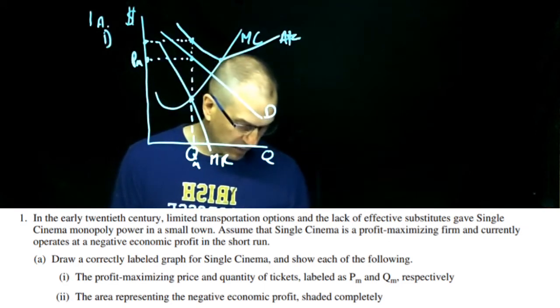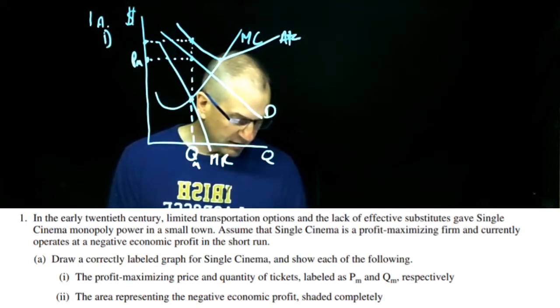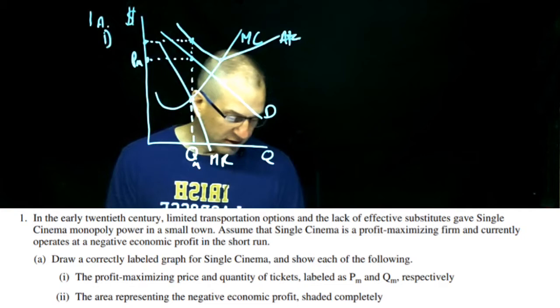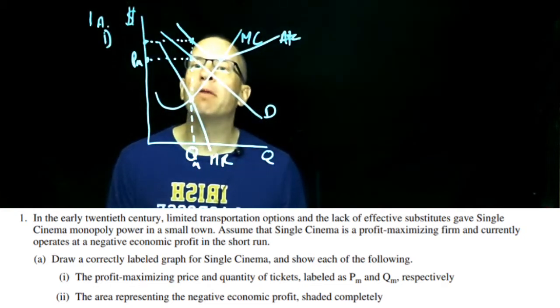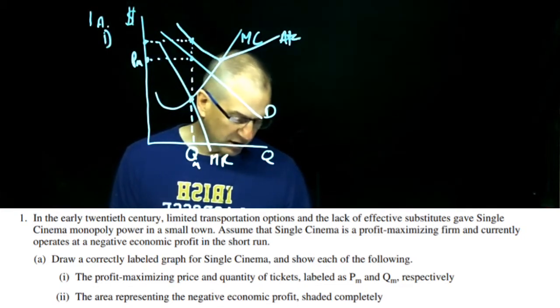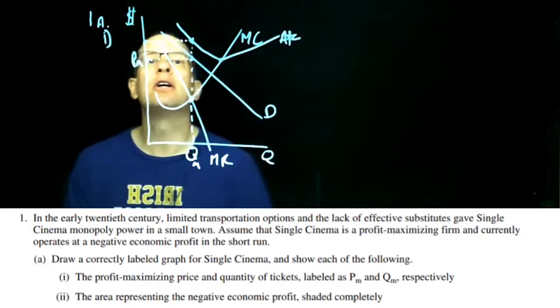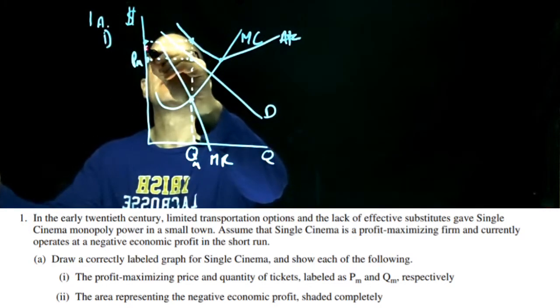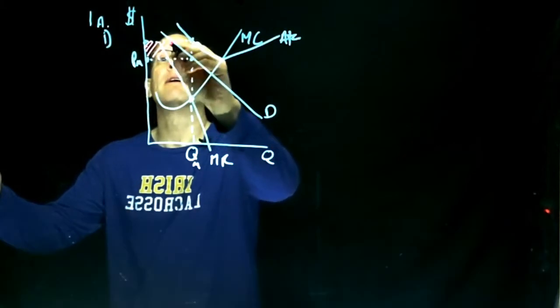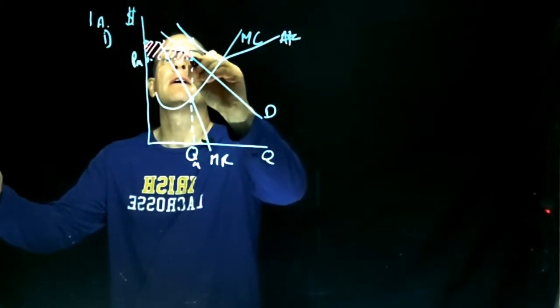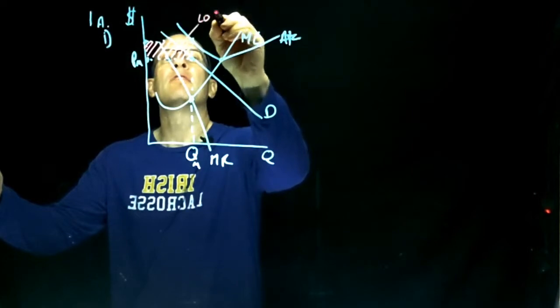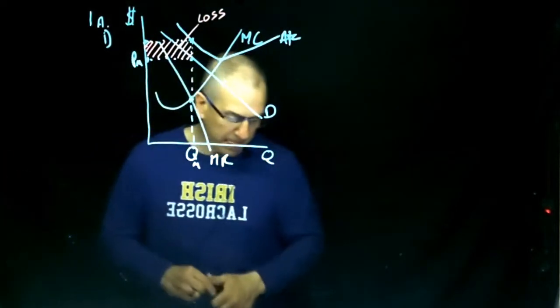I think they want us to shade in where that is and indicate to them where the actual loss is. So I'm going to shade that area of loss in there, and I'm just going to write loss like that.